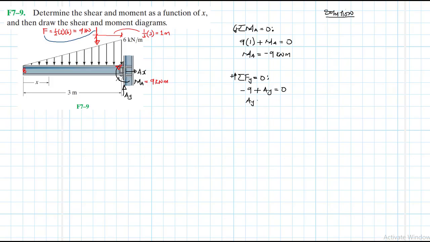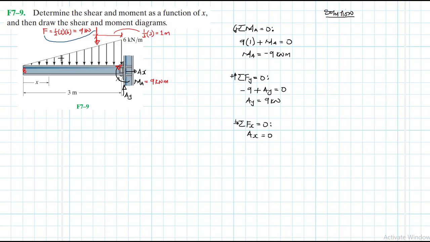Therefore, AY is just going to be equal to 9 kilonewtons. Then we have summation of forces in the x direction equal to 0. We don't have any force in that direction, therefore we expect AX to just be equal to 0.